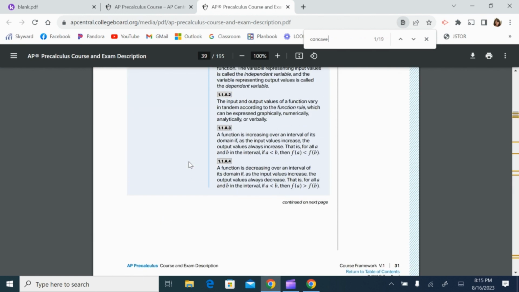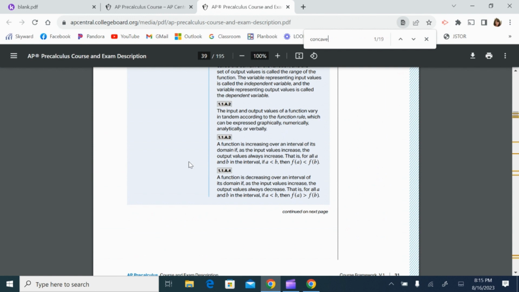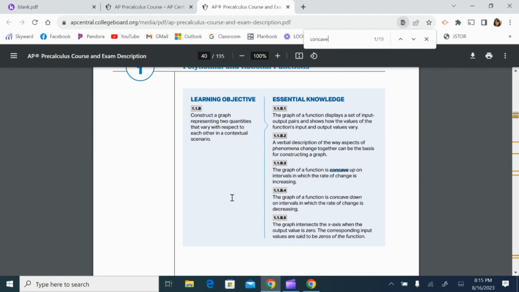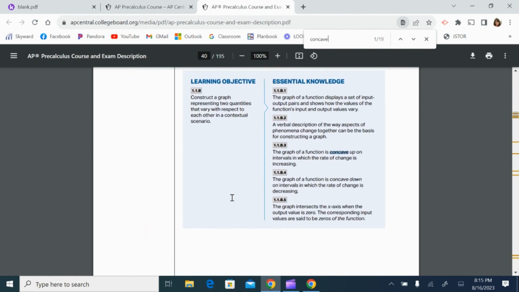Earlier in this topic, we're talking about intervals of increasing and decreasing for the function. And then we talk about when the graph of a function is concave up, that's on intervals in which the rate of change is increasing. And the graph of the function is concave down on intervals when the rate of change is decreasing.